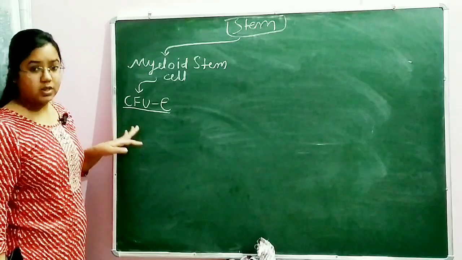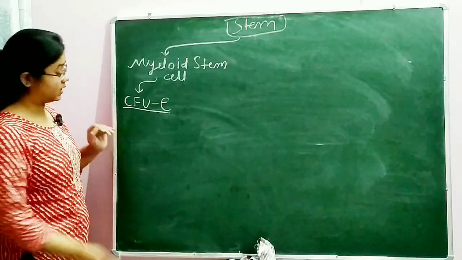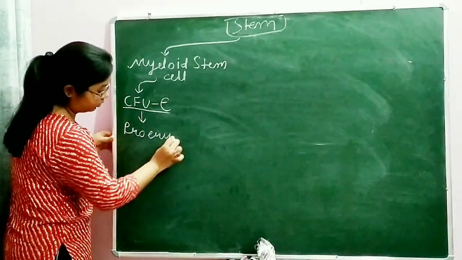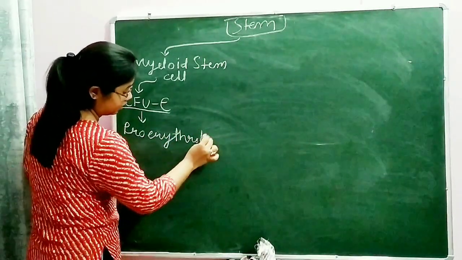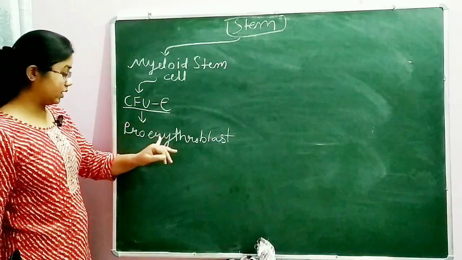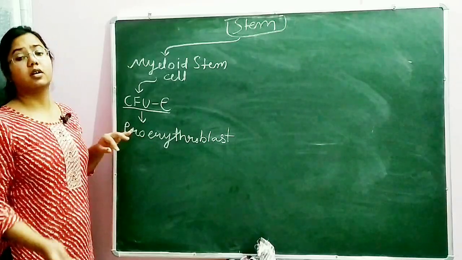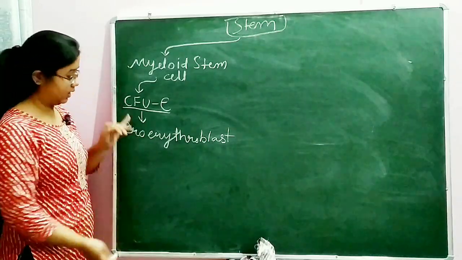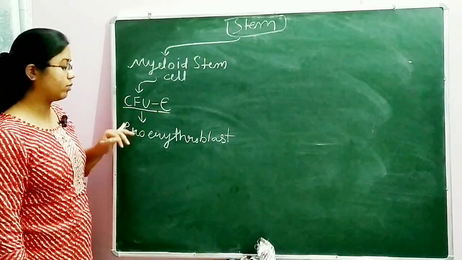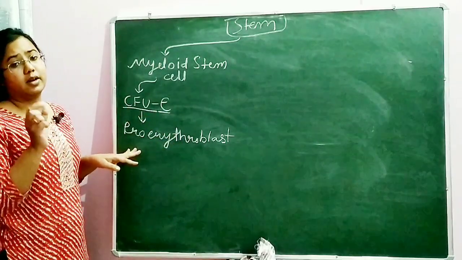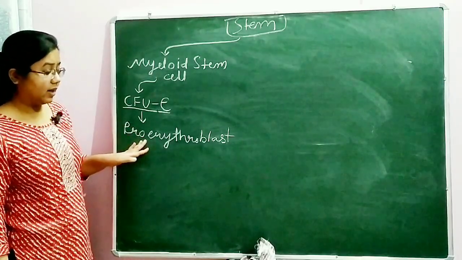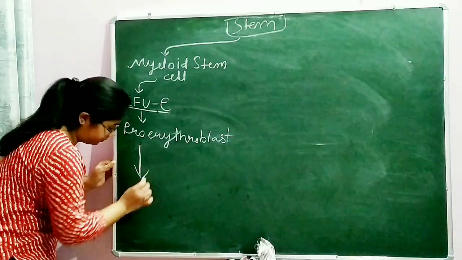Then it forms the precursor cell, the proerythroblast. In this is the formation of RBC. In the proerythroblast a small amount of hemoglobin is present, and then it is further divided into reticulocyte.